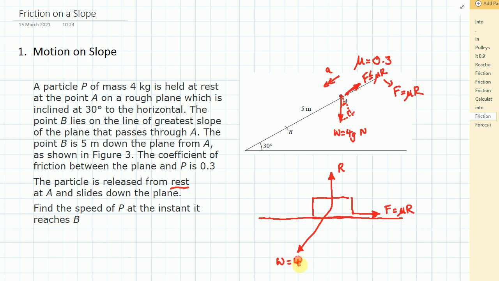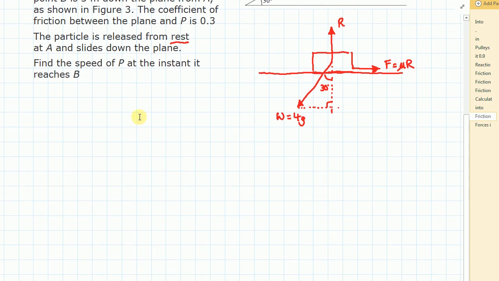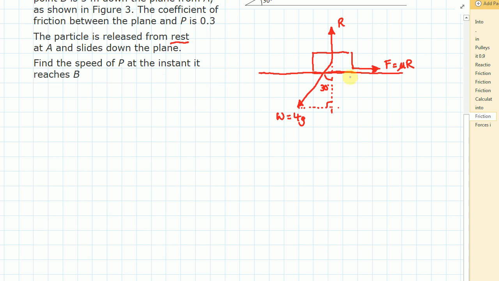So the weight is 4g newtons at an angle to the normal of 30 degrees. By similar triangles, remember the weight is the hypotenuse of that triangle. So if we're going to resolve these forces vertically, this is now the solution. That diagram is probably worth drawing still anyway.